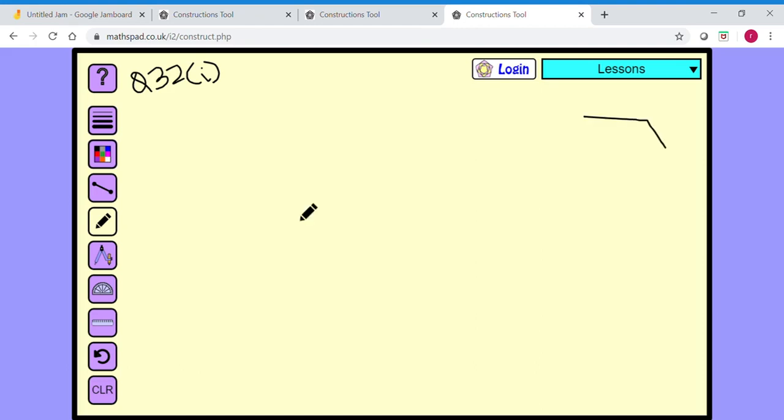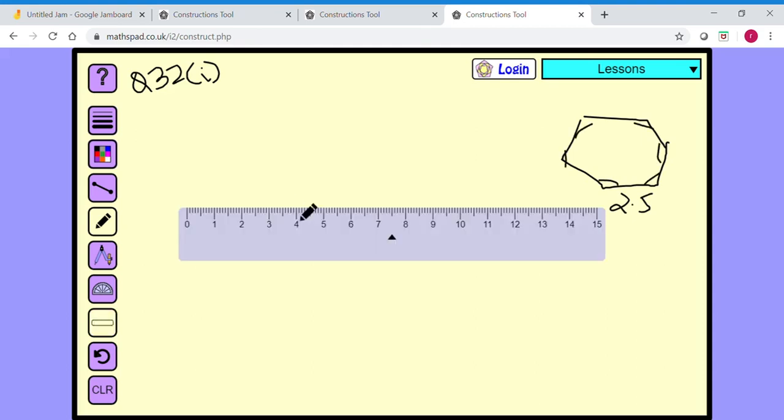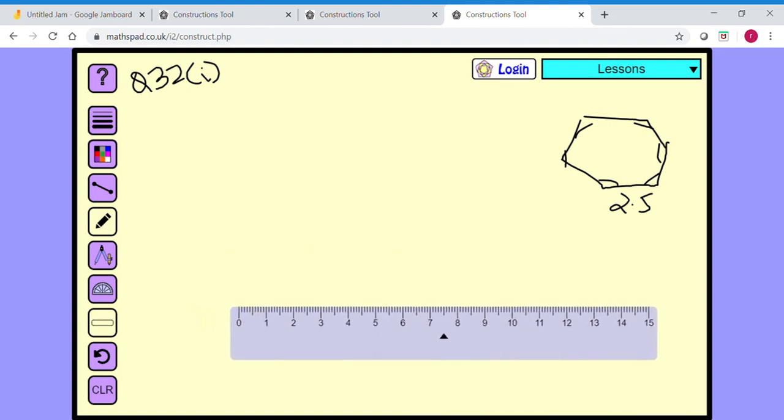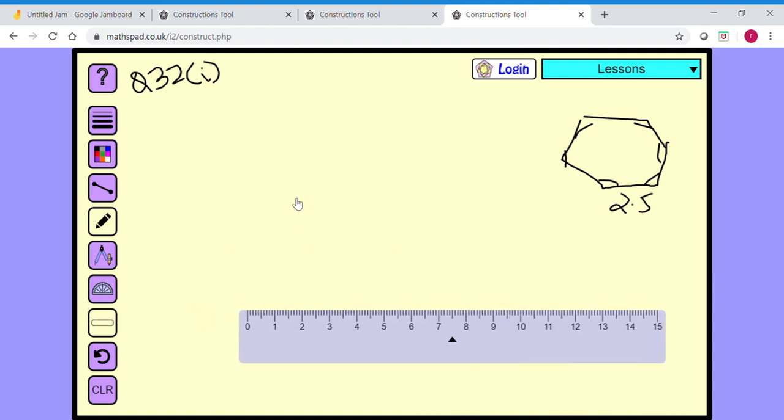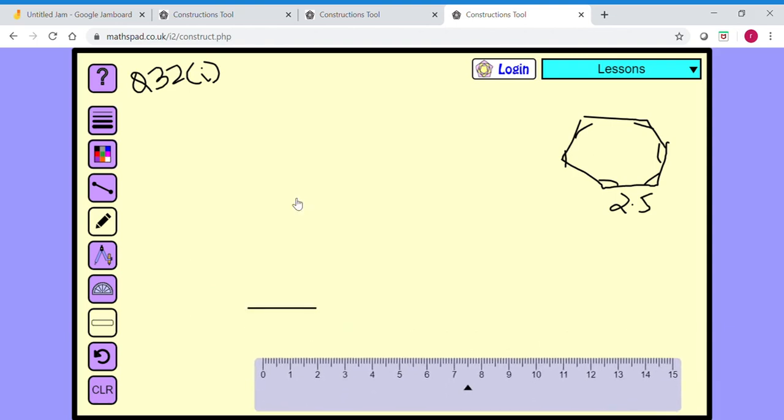It's my rough diagram. This is 2.5 and each angle is 120 degrees. So let me start by making a line of 2.5 length. Next step, I need to make 120 degree angles at both the points.